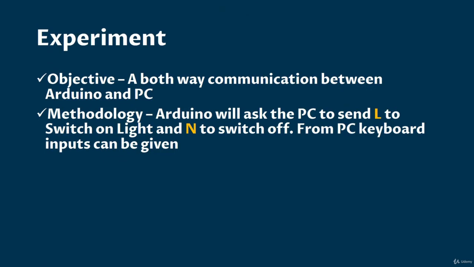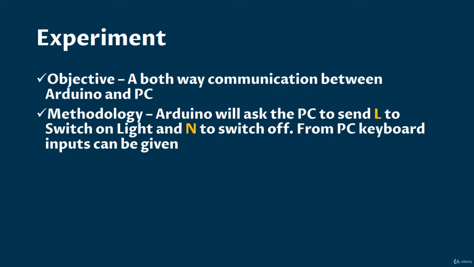To establish two-way communication, I'll do an experiment with Arduino and a computer. My methodology will be that Arduino will ask the computer to send capital L to switch on the LED on board and capital N to switch it off.